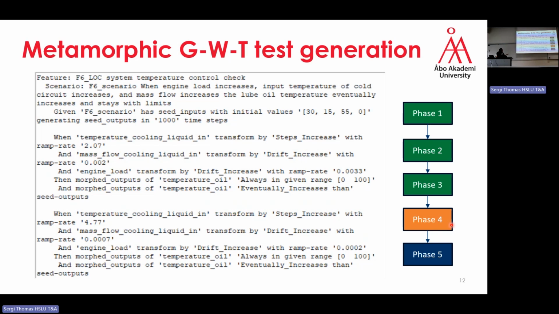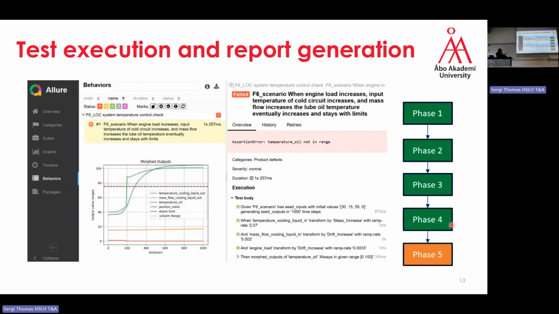These tests can be executed automatically using the Python behave BDD library, and they are executed against the FMU using the PyFMI library from Modelon. Once the tests are executed, a test report is generated in a format called Allure, which gives graphs and the relevant statistics of how many tests have passed and failed.